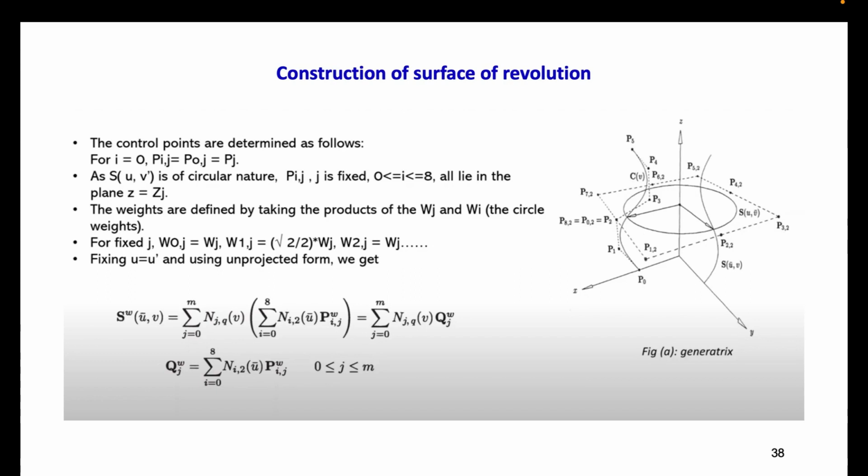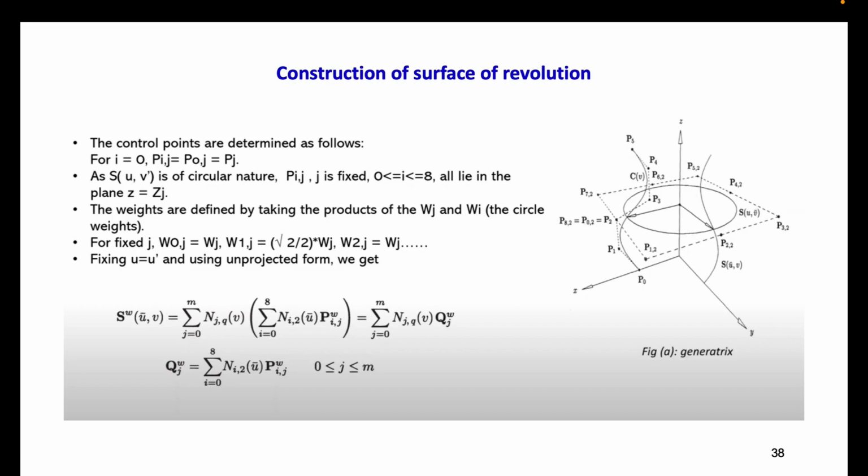So the control points are determined as follows. For i = 0, P_0,j = P_j. As S(u, v') is of circular nature, the P_ij, with j fixed, where i lies between 0 and 8, both inclusive, all lie in the plane z = z_j. The weights are defined by taking the products of w_j and w_i.